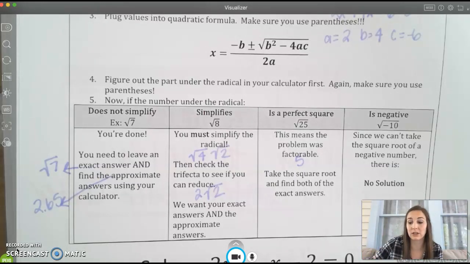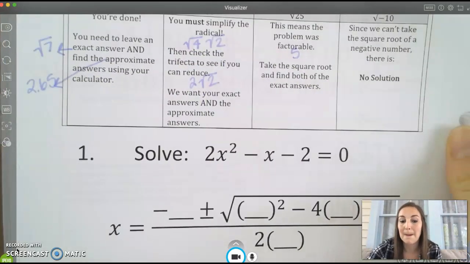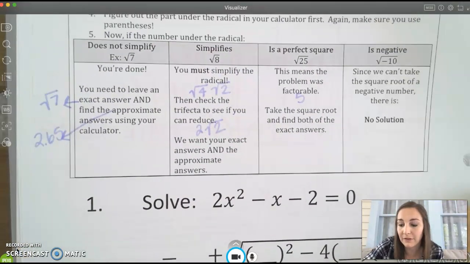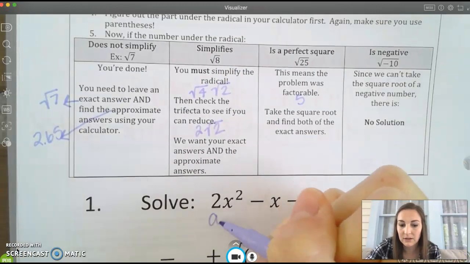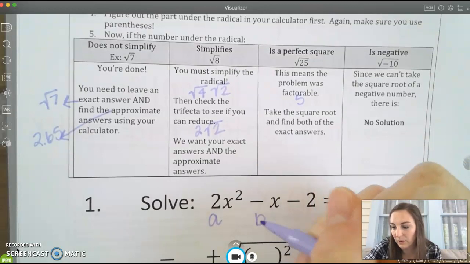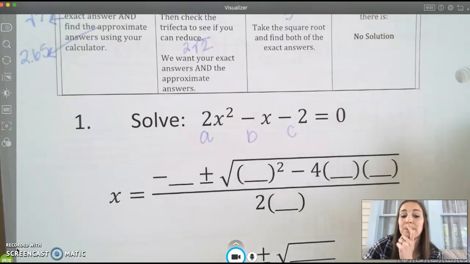So let's actually try this here. So number one, we have 2x squared minus x minus 2. Again, we are on page 32 here. So based on what's above here, my first 2 is my a value. Then I have b is -1, and c is -2. So let's put this into our formula.